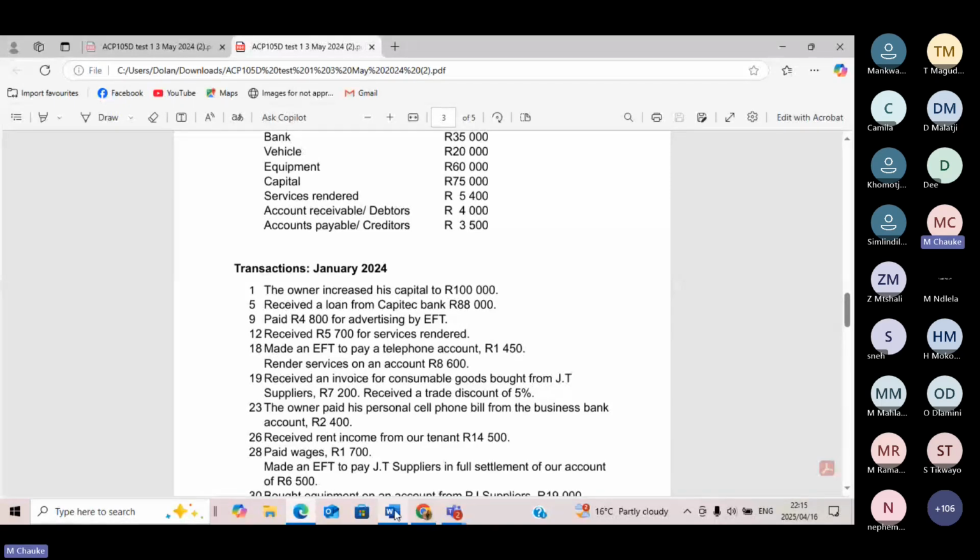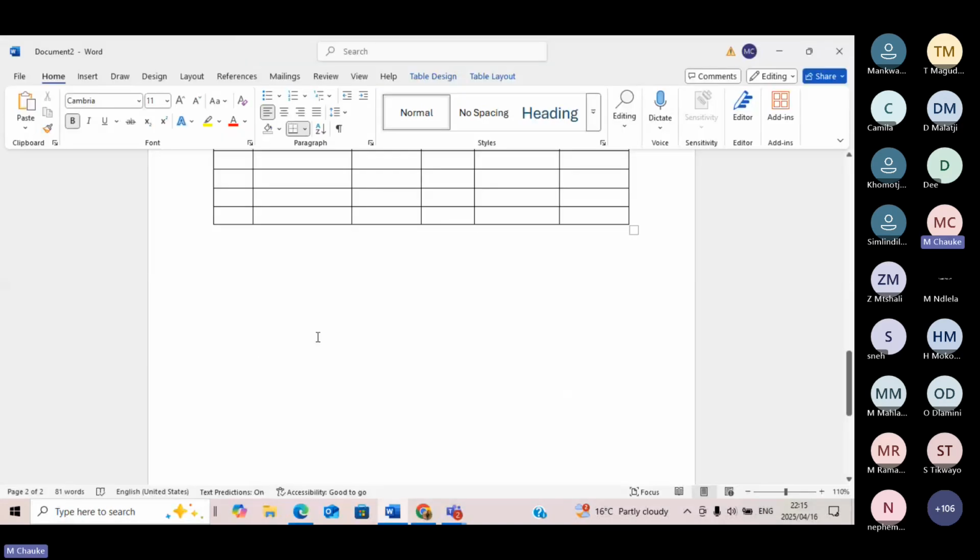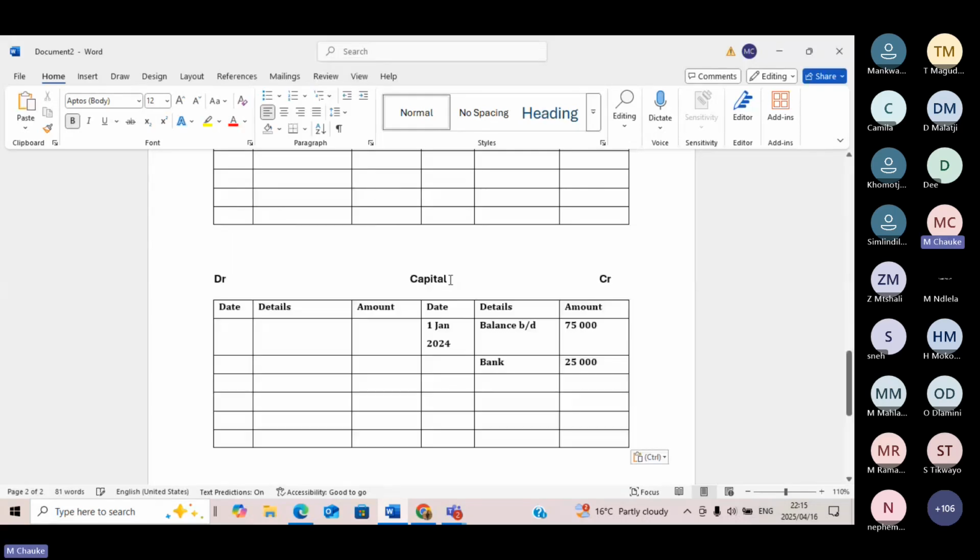So let's go to our answer sheet right there and create another ledger account called services rendered.